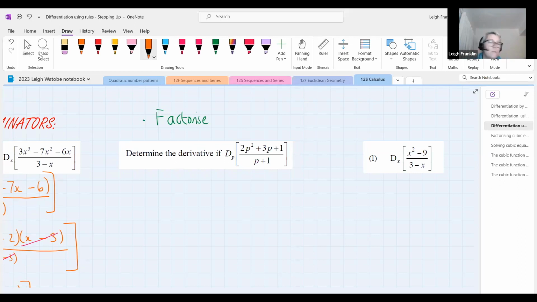Ma'am, I have a question. Sure, Hillary, go for it. In an exam, how do you know if they want you to find the x value or they don't want you to find an x value? Okay, so if they want you to find an x value, then they'll tell you to solve for x.